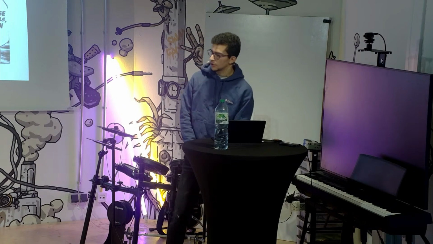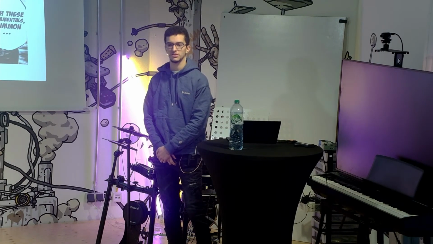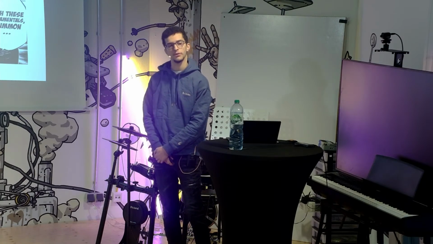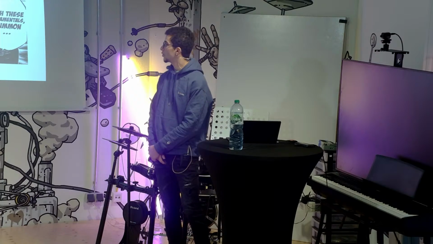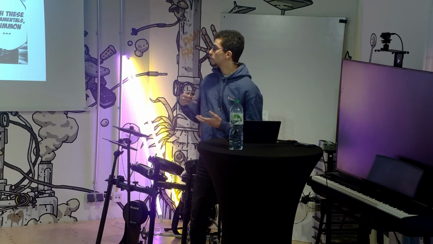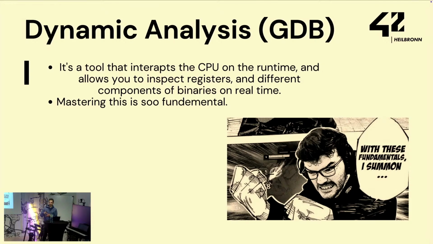Basically, interrupting is an instruction called int3. This instruction stops the CPU process, and it's also a signal that's sent to stop the flow of the program and allows you to inspect different components of the binary at runtime. For example, you can see the registers and which values they have at this specific time.